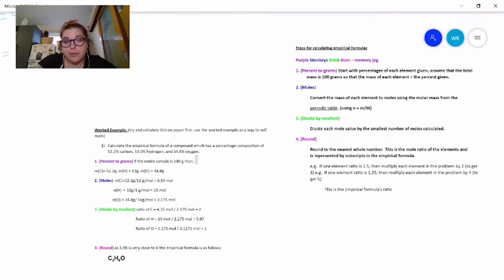Or for every 2 carbons, there are 6 hydrogens and 1 oxygen. This might not be its molecular formula. It might be, but chances are it's not. There's a lot of carbohydrates that actually fit that criteria.